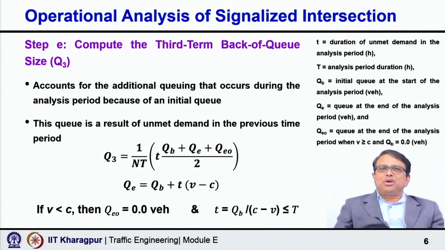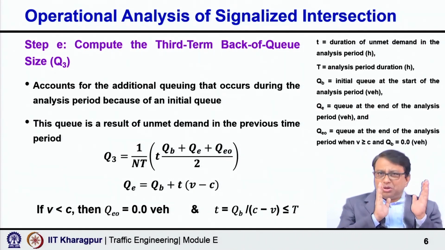So, this accounts for additional queuing that occurs during the analysis period because of an initial queue when you are starting the analysis. This queue is a result of unmet demand in the previous time period.